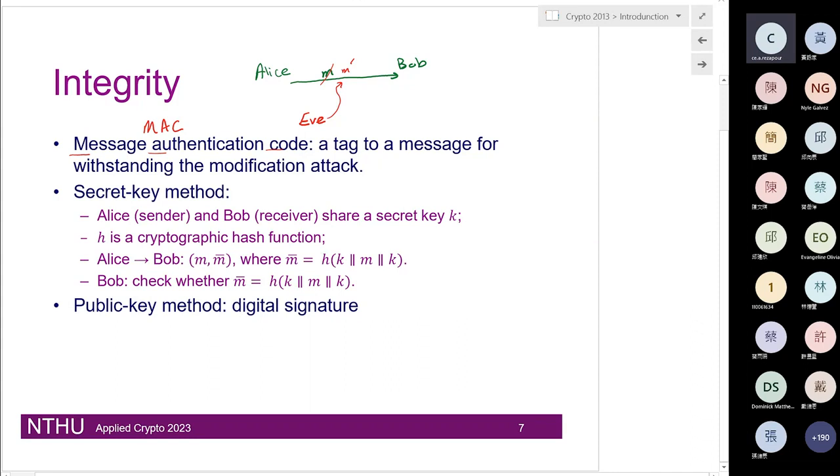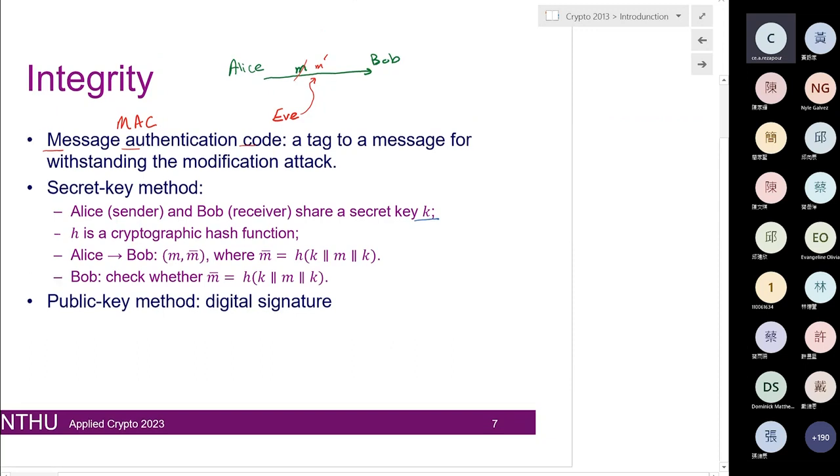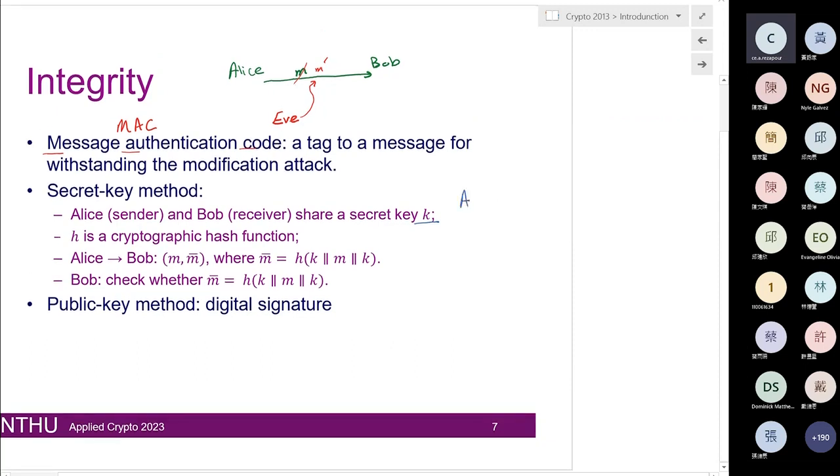One of the ways that it can happen is that we can assume both parties have shared a secret key before, just like symmetric key cryptography. Alice and Bob already got the key. So if I draw this example over here, we have Alice and Bob, and they both know this key K. Now Alice wants to send this message to Bob.